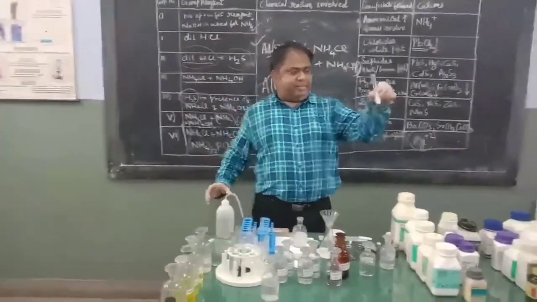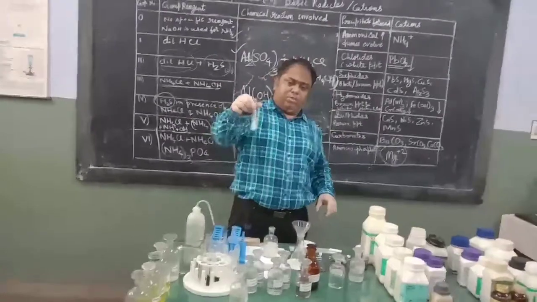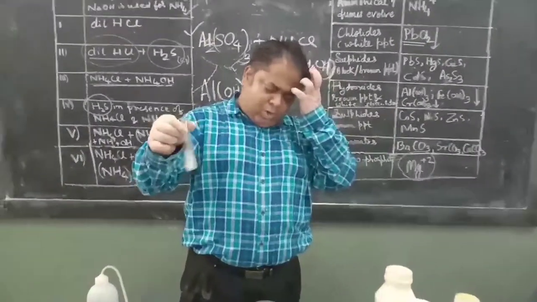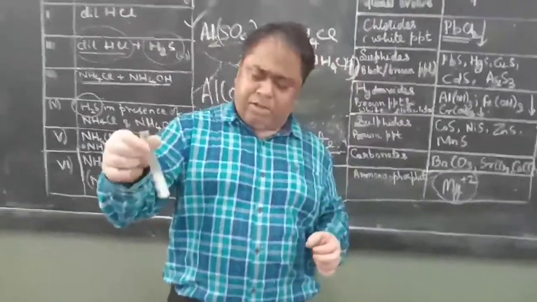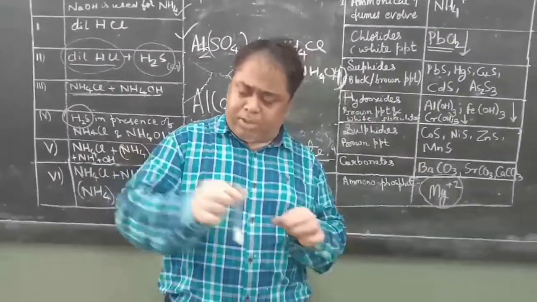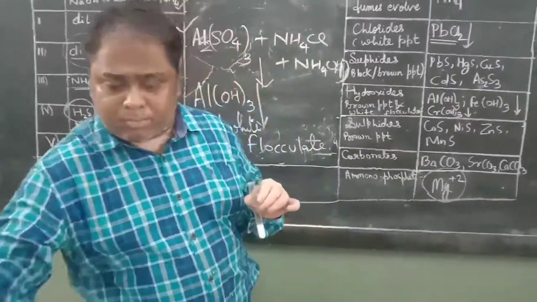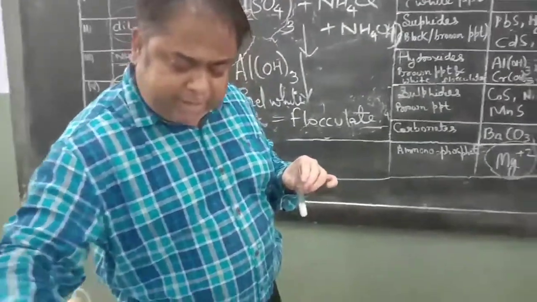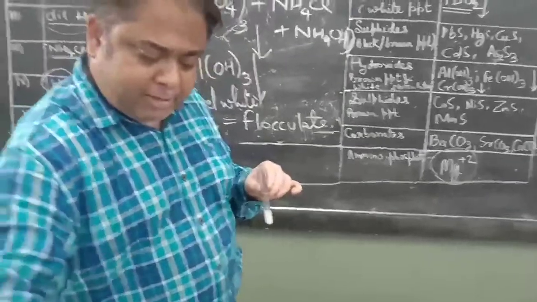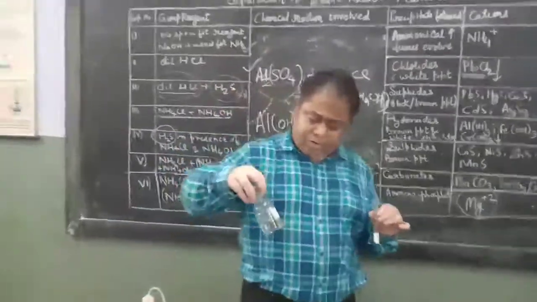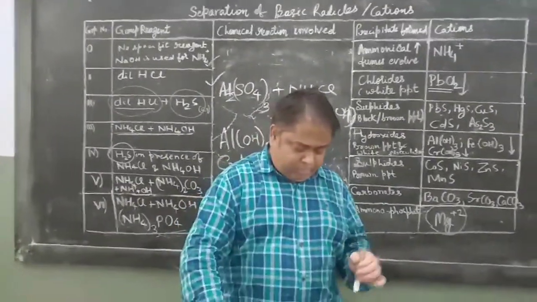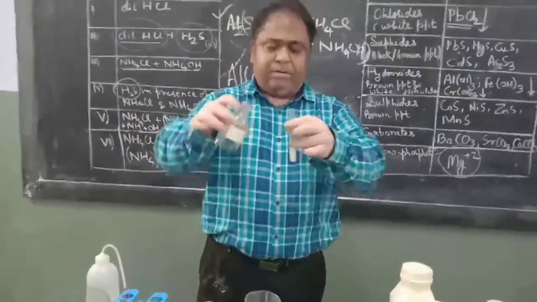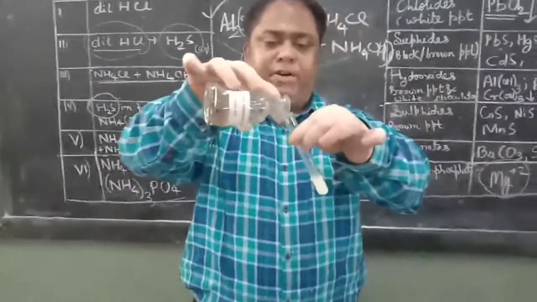This is basically calcium sulfate and it is not soluble in water. So to make it soluble, I can put concentrated HCl. We can take any acid. If I take concentrated HCl, it will form calcium chloride, and calcium chloride is soluble in water. But calcium carbonate and sulfate are not soluble in water.